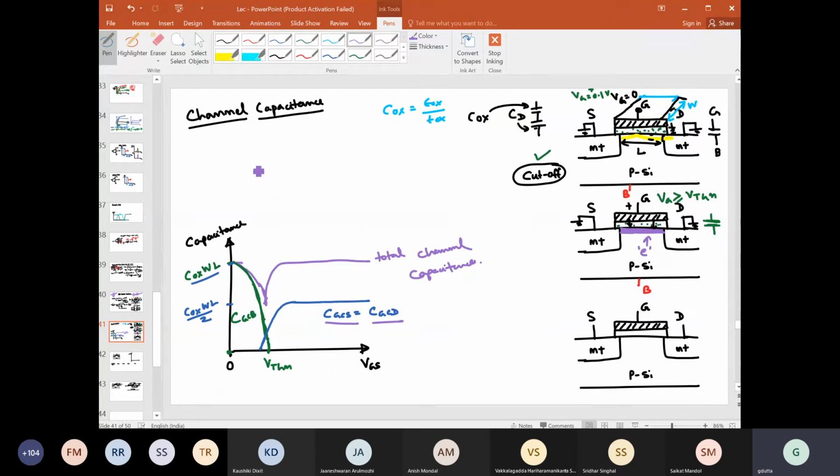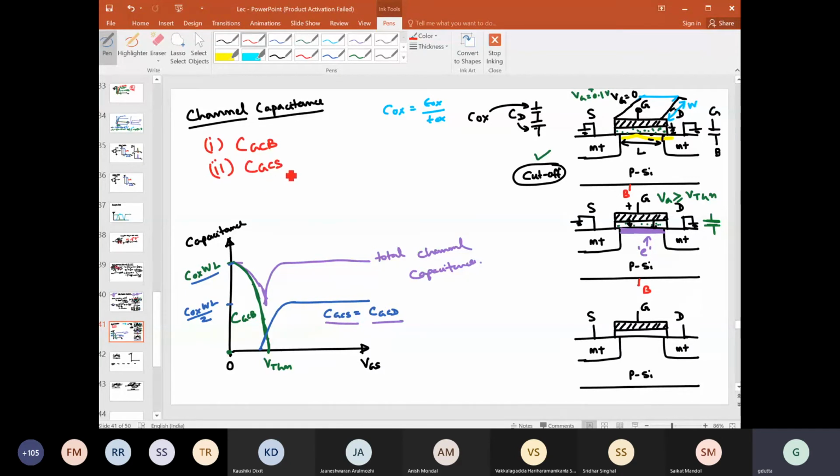So we have seen that the channel capacitance has three contributions, three parts. One is CGCB, which is the gate to body capacitance, which is a part of the channel capacitance. So we are denoting it like this. The other one is CGCS.